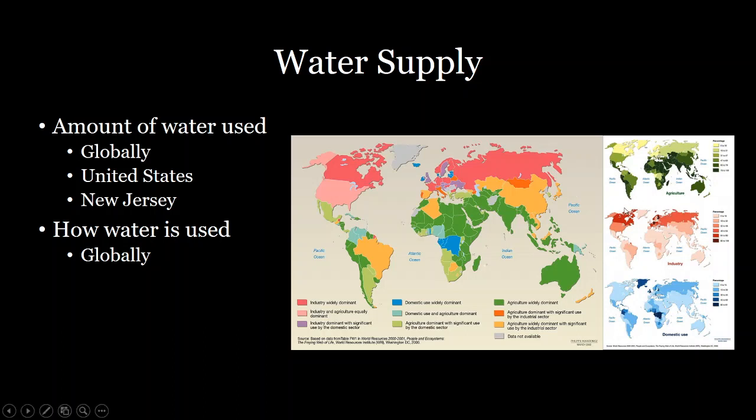And you can see here that generally countries in the Middle East and Africa and South America have a lot of water going to agriculture. More northern countries put their water into industry, and countries like the UK and Iceland and Sudan put a lot of water into domestic water use.